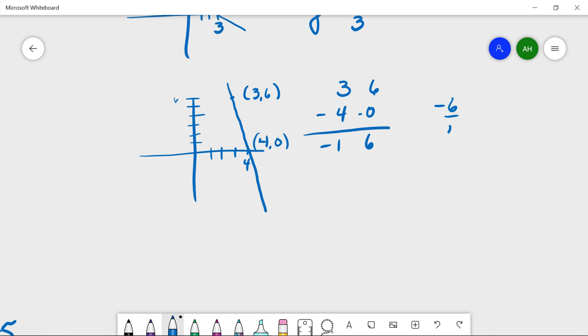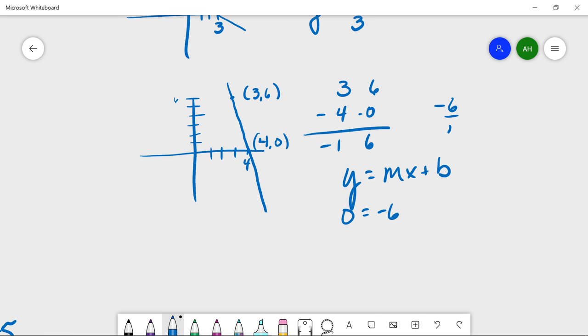I don't know what my y-intercept is, but I do know some points, specifically this 4 and this 0, so I can go ahead and plug those in place of x and y. So, I've got my y equals mx plus b. I can plug in the -6 for the m, and for the y, I can plug in a 0.